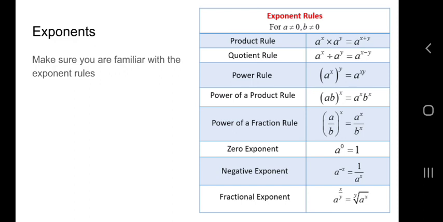So if you have something like 2 cubed times 3 to the 5th power, you can't do anything to simplify that, because the base of one number is 2 and the base of the other number is 3. And same thing when you're dividing. They have to be the same for you to combine them.